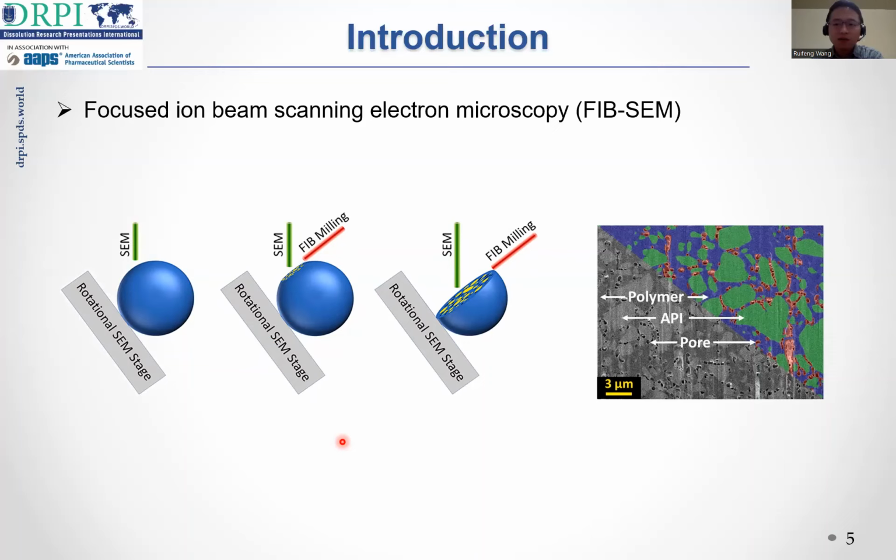The collected images can be processed and segmented into different material phases by software as shown in the red figure. Then, through repeated FIB milling and subsequent SEM imaging, a 3D internal structure can be reconstructed. This allows for direct microstructure quantification for all visible phases.